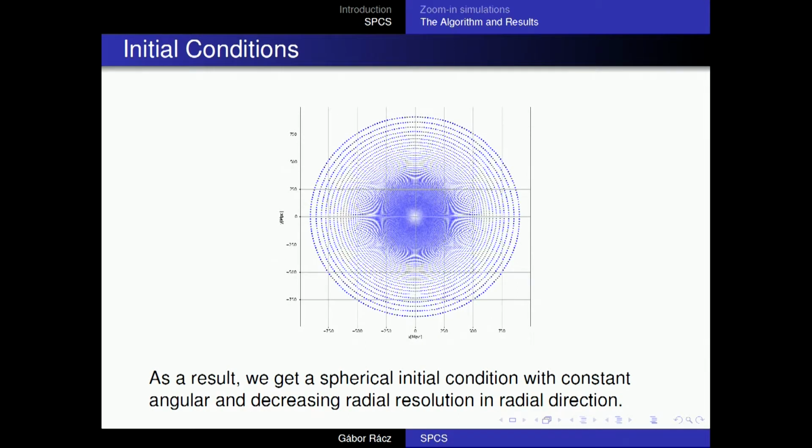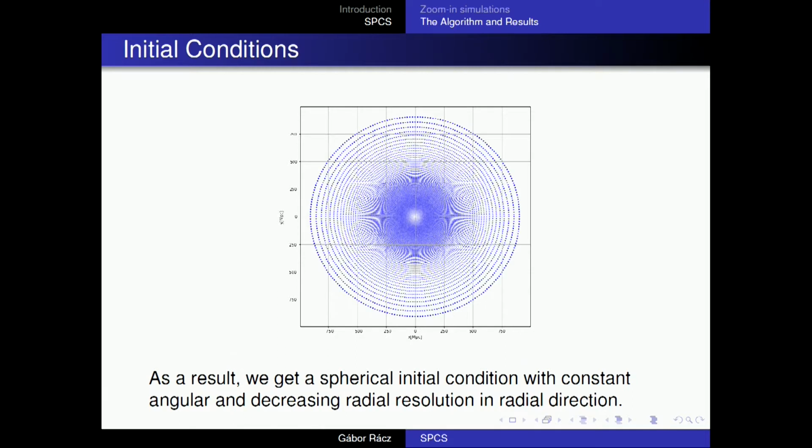So in the center we have very fine resolution, and as we go outwards, the resolution becomes worse. And at the edges of this, we have such bad resolution that we reach, in the ideal case, the homogeneity scale of the universe. So here we're hoping that we will not see anything.